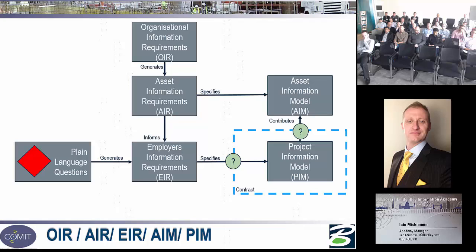So this contains things like the asset data dictionary. It contains things like the classification system you should be using. It contains what common data environment you should be using, what types of files they want. It contains what processes, standards you need to achieve to get to that level. It contains everything. And the more strict you are in your EIR, the better.